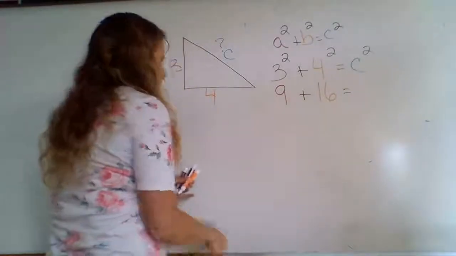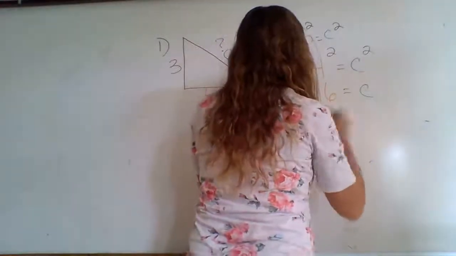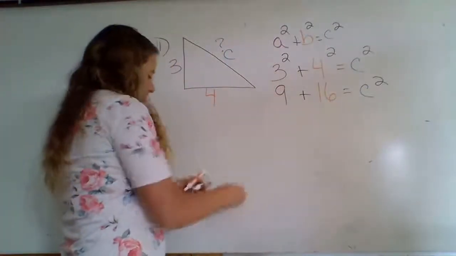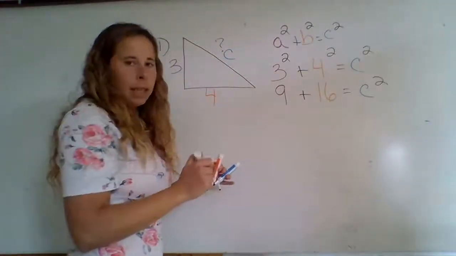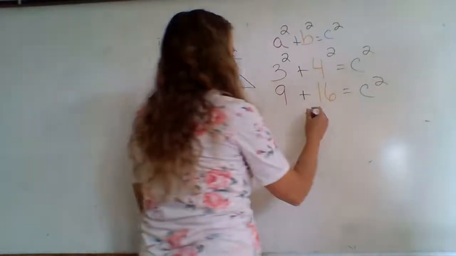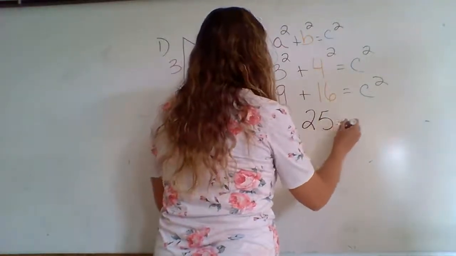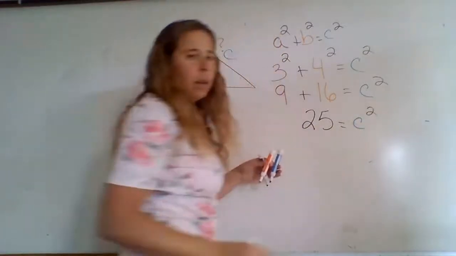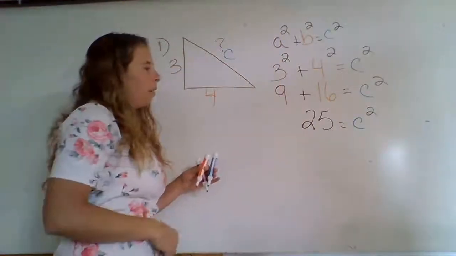Well, I'll rewrite it one more time. Equals C squared. All right. 9 plus 16, I'm going to quit color coding. 9 plus 16 is 25. Okay. 25 equals C squared.